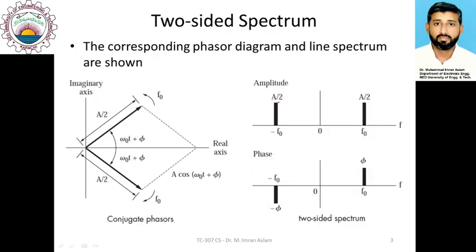So this is the line spectrum representing the sinusoid wave, and you can see that this spectrum now has both positive frequency as well as negative frequency. Therefore we generally call it a two-sided spectrum or a double-sided spectrum.